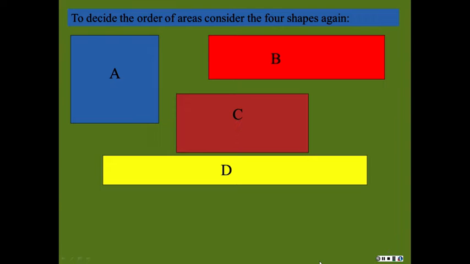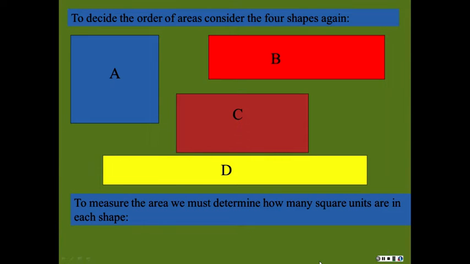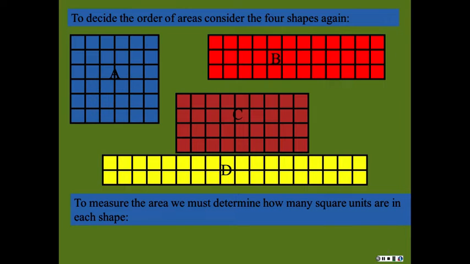So when we order these shapes again, what we're going to do is we're going to put the squares on top of them because we know that area is going to be in square units. So you guys said that D was the smallest. If I count across, I have 1, 2, 3, 4, 5, 6, 7, 8, 9, 10, 11, 12, 13, 14, 15, 16, 17, 18.